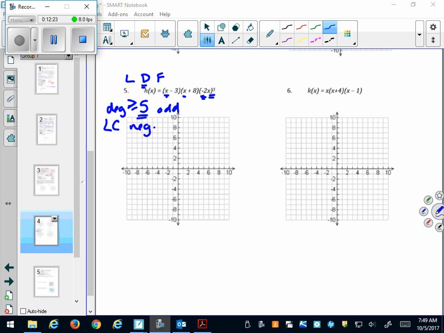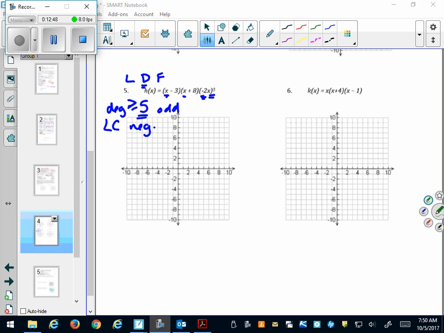What is going to be the end behavior of this graph? Well, since it's odd, does it represent a line-like thing or a parabola-like thing? Odd is more like a line.